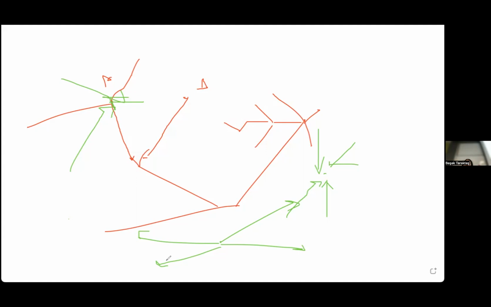So the formation or deletion of an edge has implications on the rest of the graph. That's why. Any other questions? Okay.